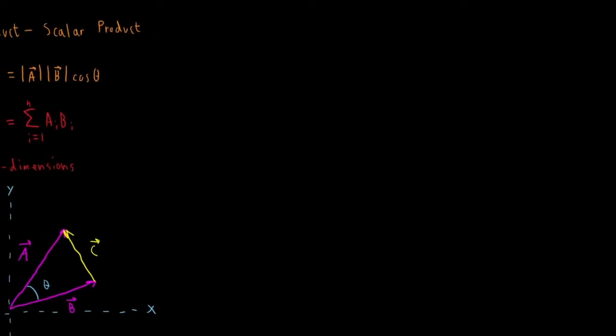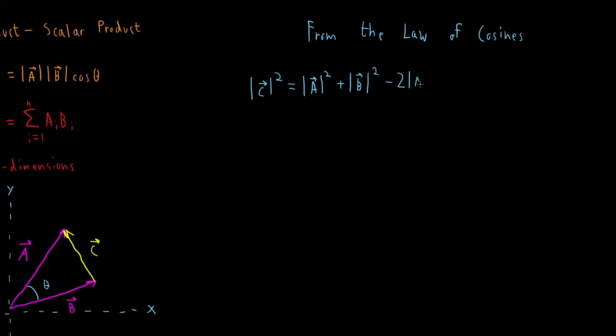Since vectors A, B, and C form a triangle, from the law of cosines, we know that the magnitude of vector C squared equals the magnitude of vector A squared plus the magnitude of vector B squared minus 2ab cosine theta.